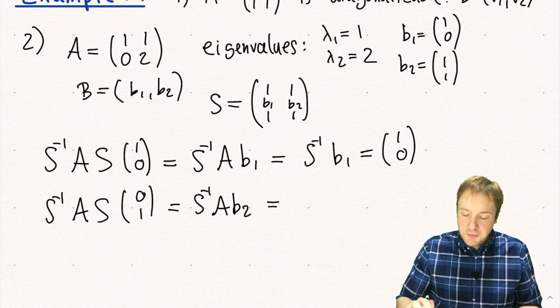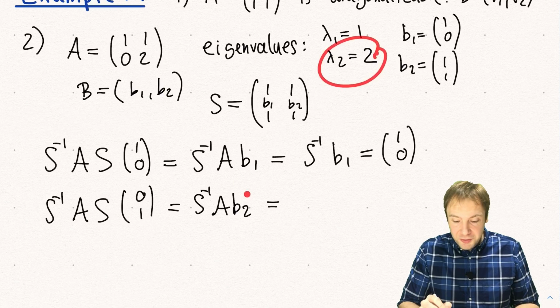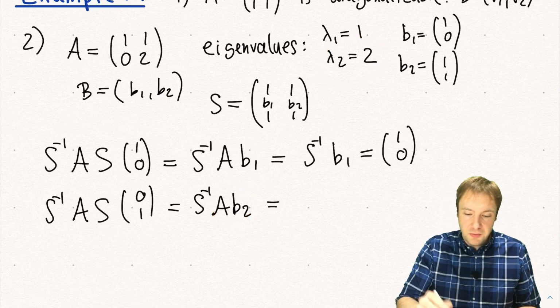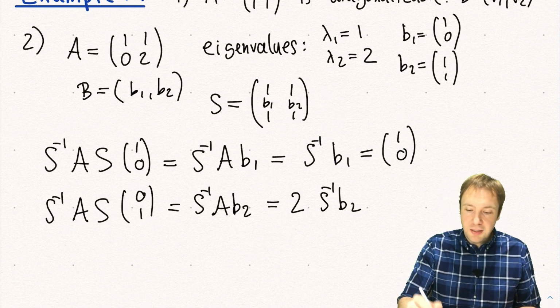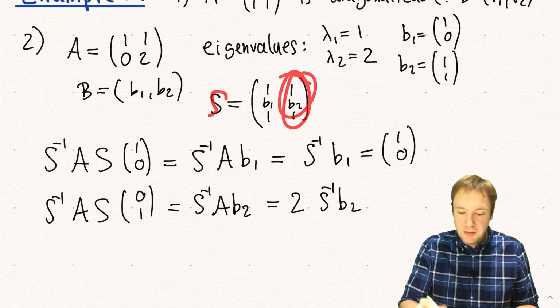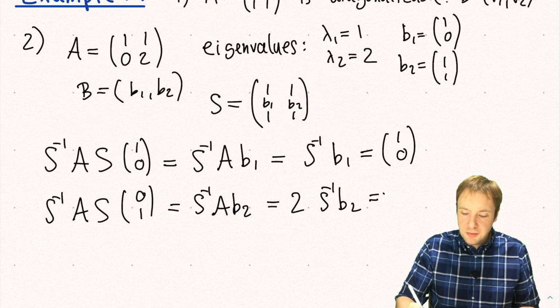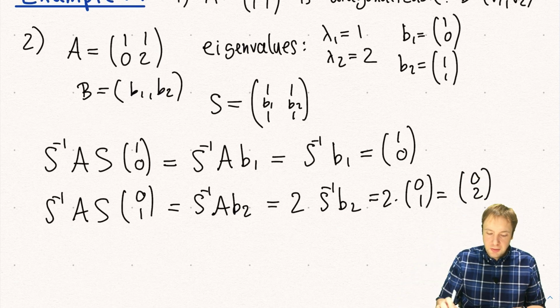And B2 is an eigenvector with eigenvalue 2, so this is just 2 times B2. So I can put the 2 in front, and this is S inverse B2. And S inverse B2 just means, because B2 is the second column of S, that this is just 0, 1. So this is 0, 2.